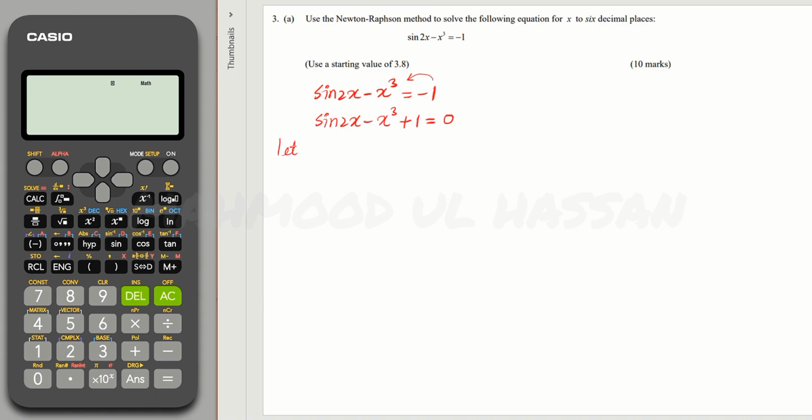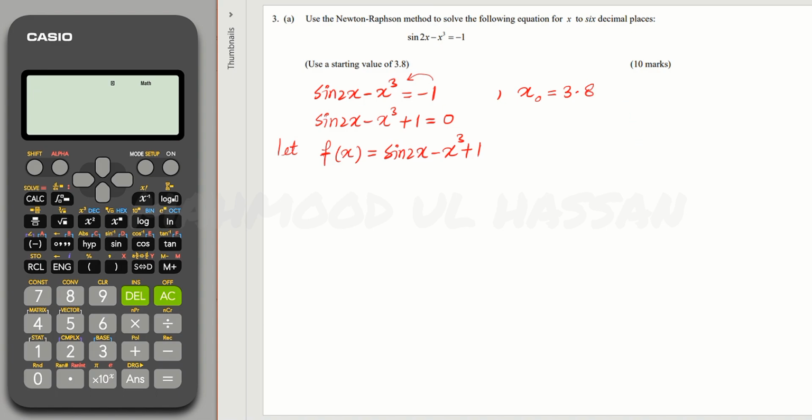Let me call this our function f, so f of x equals sine 2x minus x cube plus 1. The starting value is 3.8, which we call x naught, so x naught is 3.8.